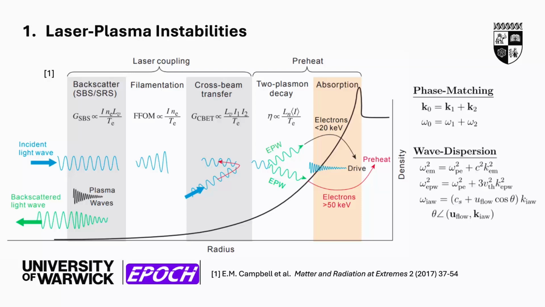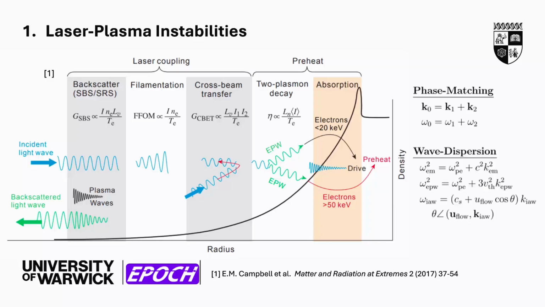These are normally called three-wave instabilities, underpinned by phase matching, and you can solve them using the wave dispersion. That's useful because, for example, SBS will have a different frequency compared to SRS, so when diagnosing these in EPOCH it's good to know what you're looking for.